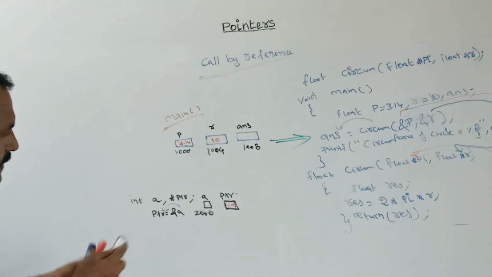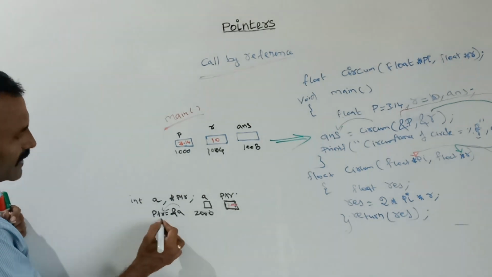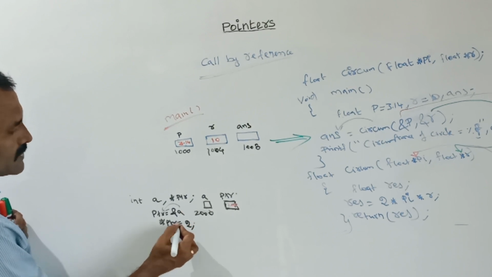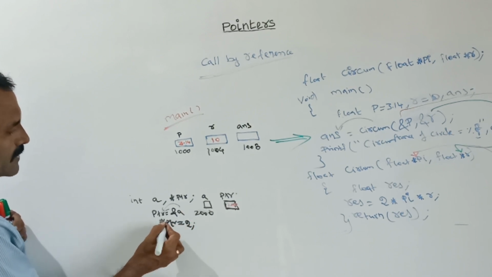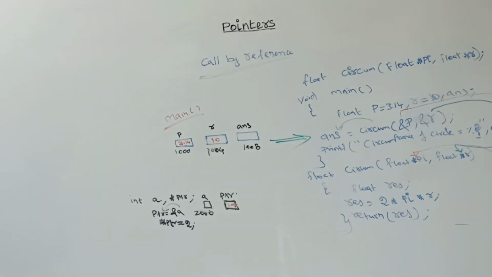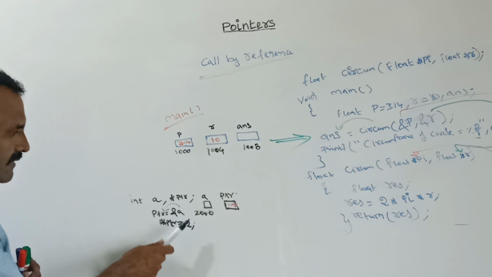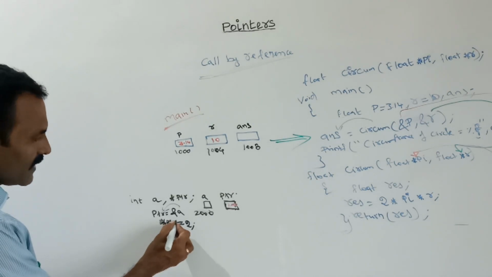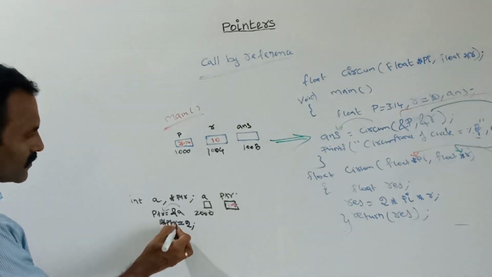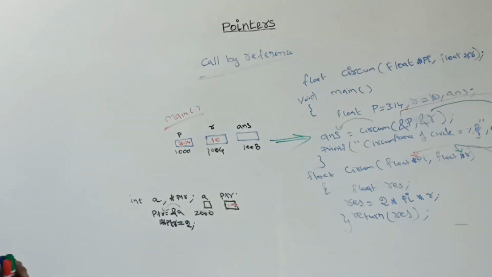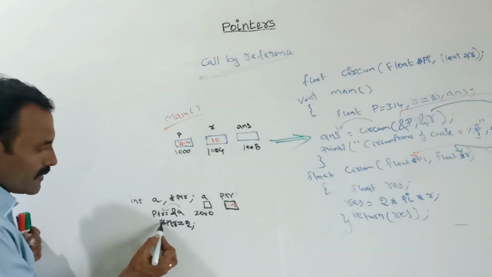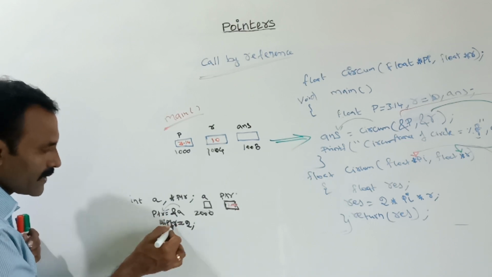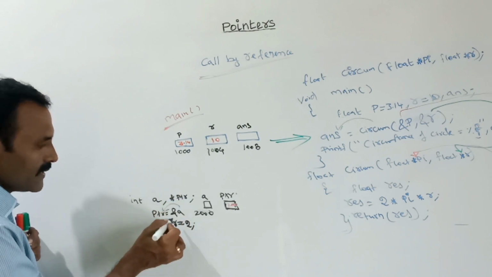Next, suppose I write *ptr, that is value at ptr, is equal to 2. Now where will this value 2 be stored, in the pointer or in a? The star operator refers to value at, so value at the ptr address, to that address the value will be stored.